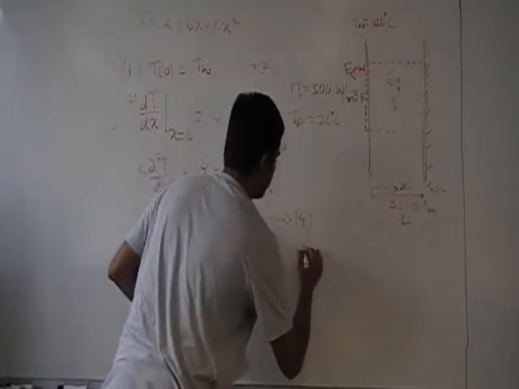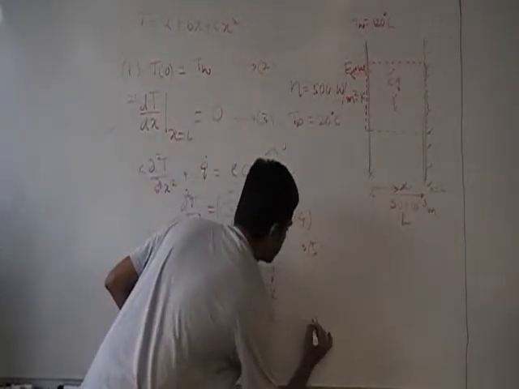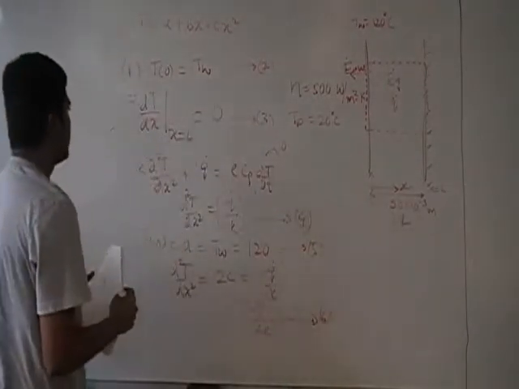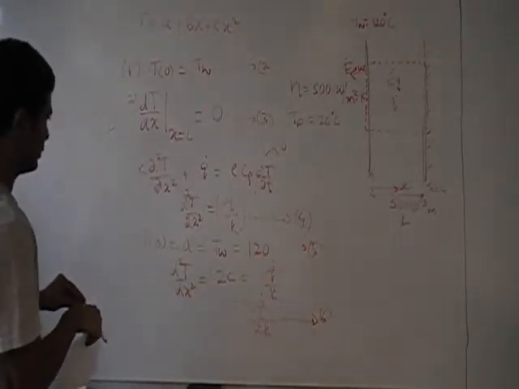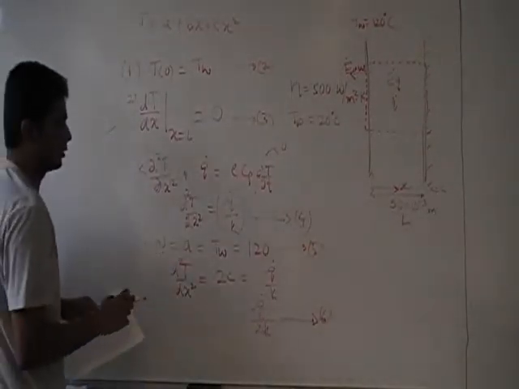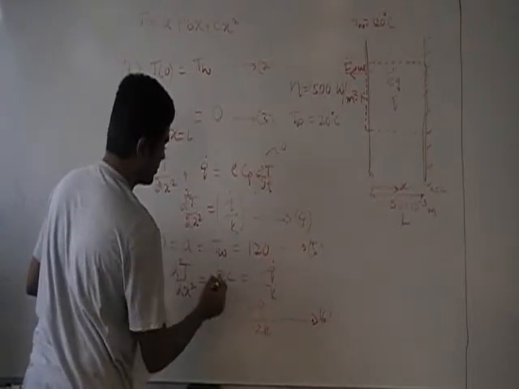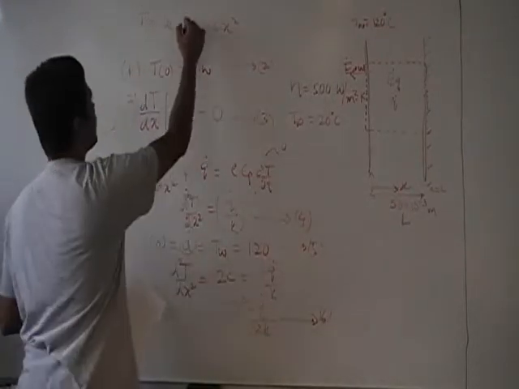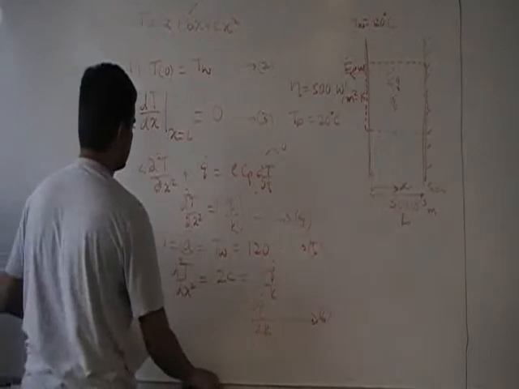So let's call this 5, and this results 6. I'm going to have to erase part of these equations, but we know what C is, and we know what A is, and we need to find what B is.